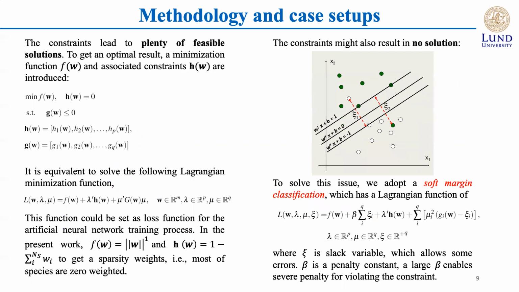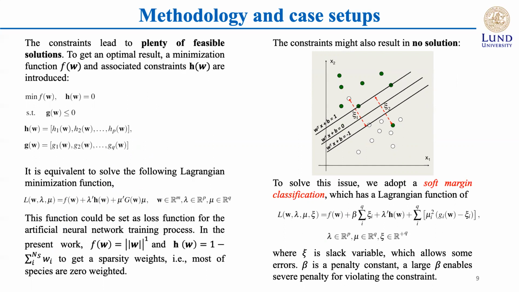After determining the training points, we also need a loss function to evaluate the training precision. And sometimes the constraints lead to plenty of feasible solutions, so we need to sift the optimal results. We define a minimization function f(w) and an associated constraint h(w).